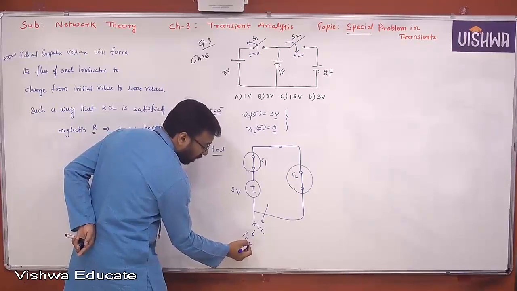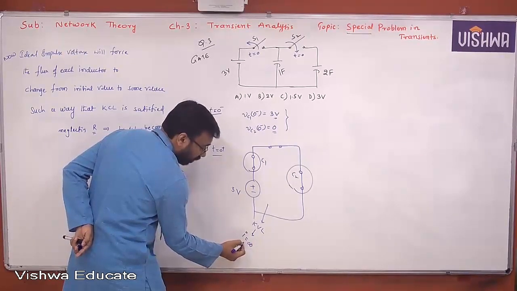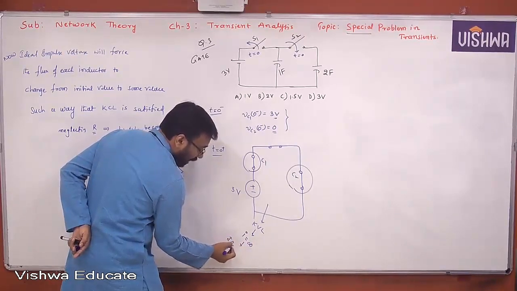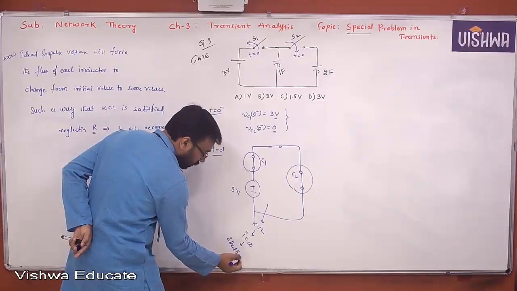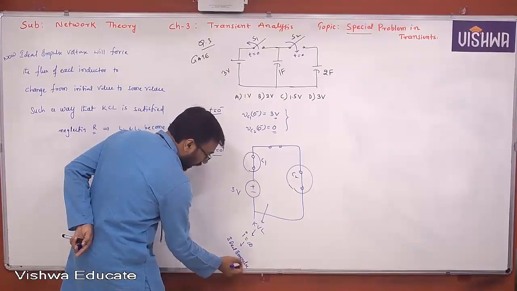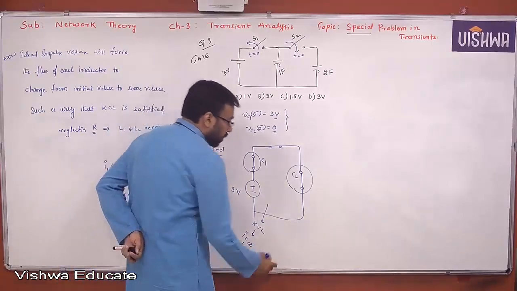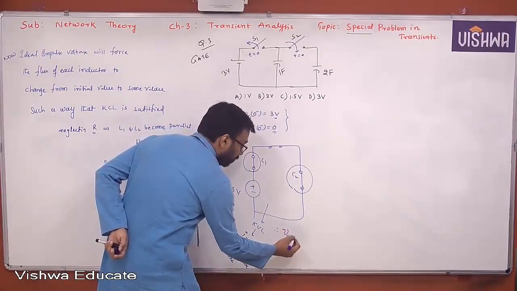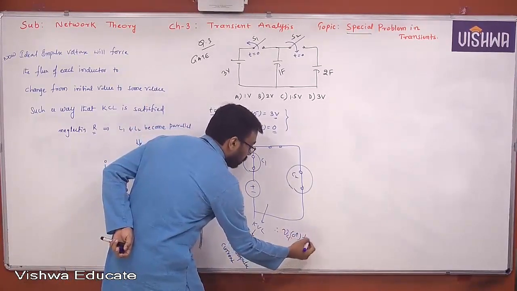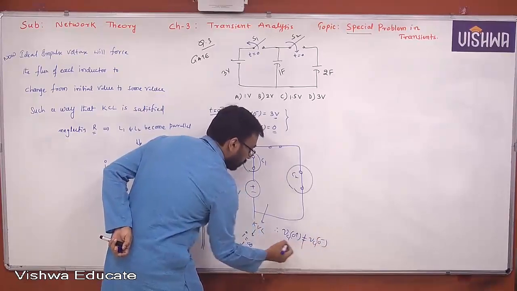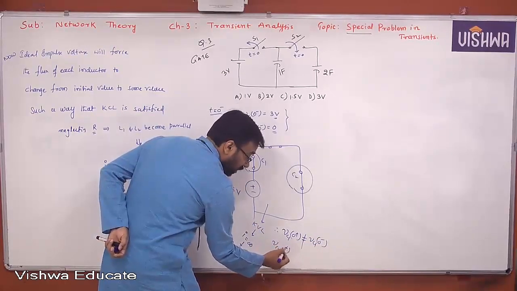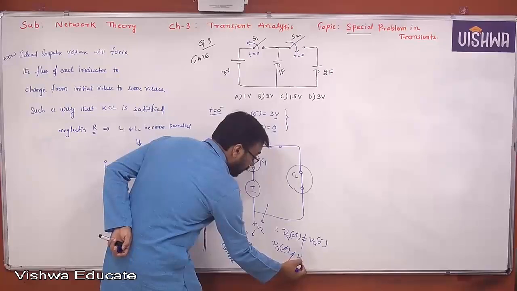Therefore, the current flowing through each capacitor is what? Infinity. You call it ideal impulse current. When ideal impulse current flows, therefore, Vc1 of 0 plus is not equal to Vc1 of 0 minus. Vc2 of 0 plus is not equal to Vc2 of 0 minus.